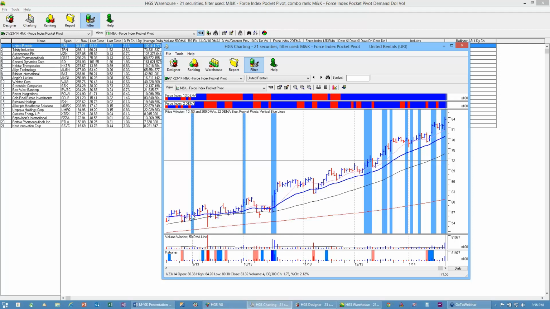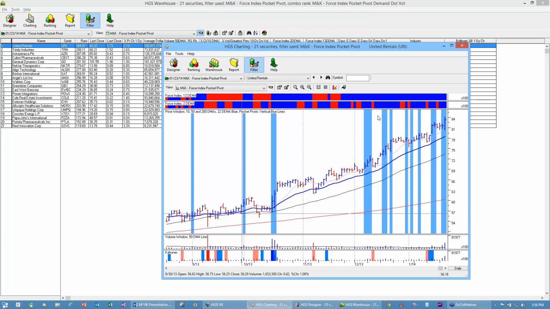Now here was a pocket pivot. We had a signal here too, and then it kind of pulled back, didn't do much. Here was another one, same thing. And then here, when we had all of them working together, a big kahuna, which is more force along with both force indexes and the pocket pivots, it really took off.